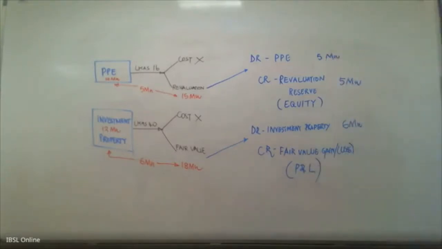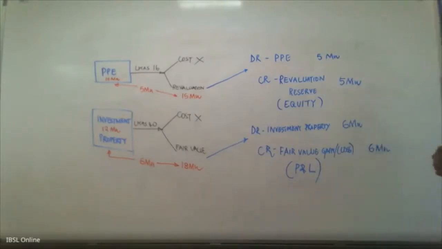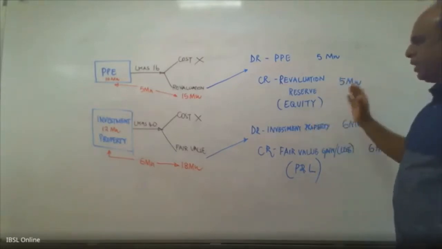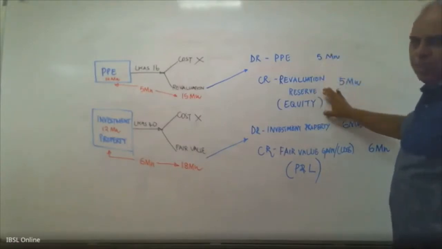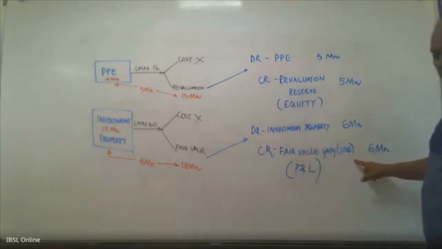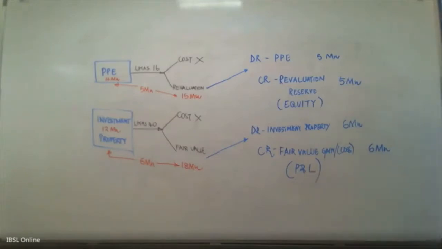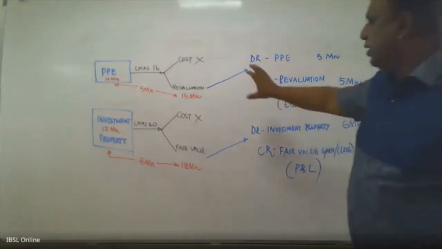That is the biggest difference between the two. You have to make a special note about that. Here, the credit goes into the revaluation reserve, which is in equity, and it doesn't matter whether it is a gain or loss. Here, it goes into fair value gain or loss, which is your P&L. So what I have considered is a situation where it is a gain. Here also it is a gain.